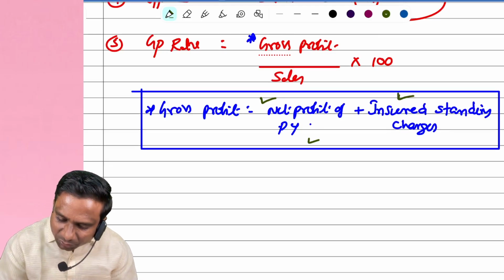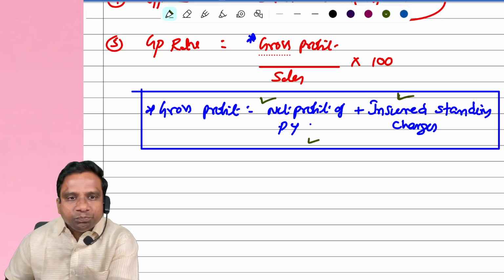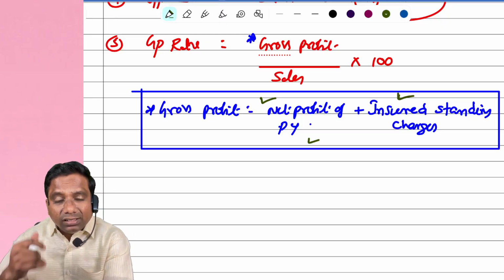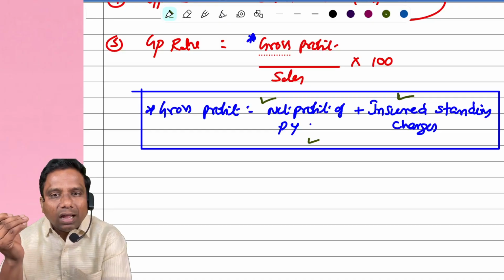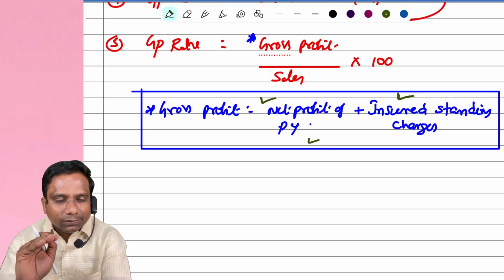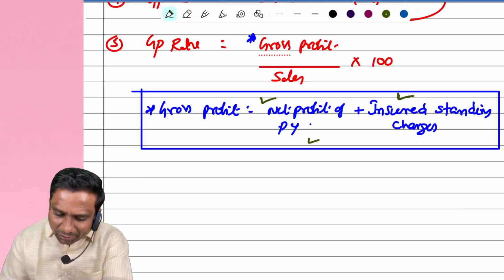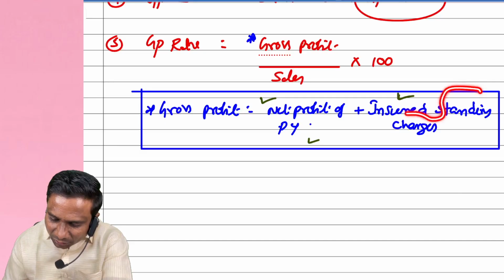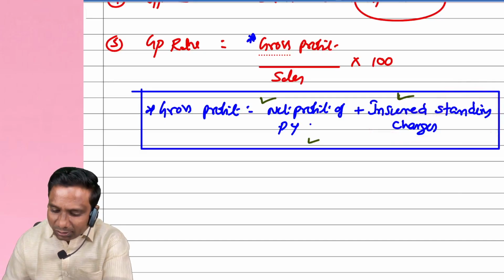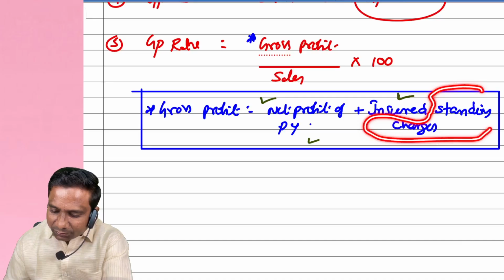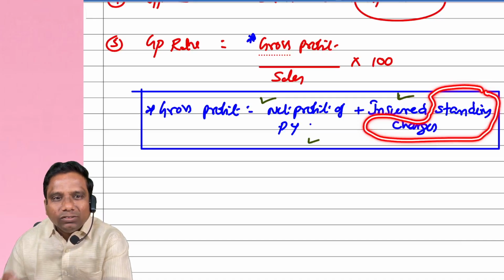Now the concept comes: insured standing charges. There is a logic behind why we are adding insured standing charges. First try to understand this word, standing charges. Sir, what is the meaning of standing charges?